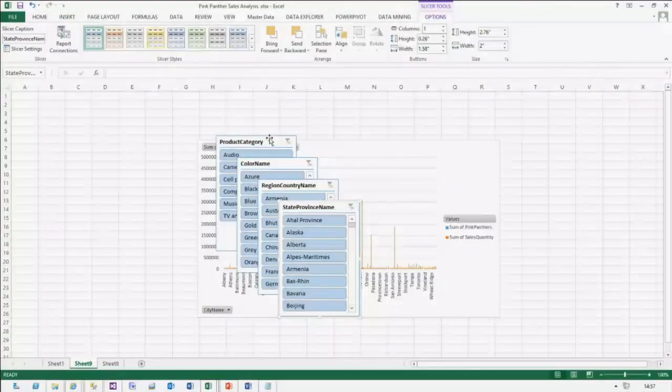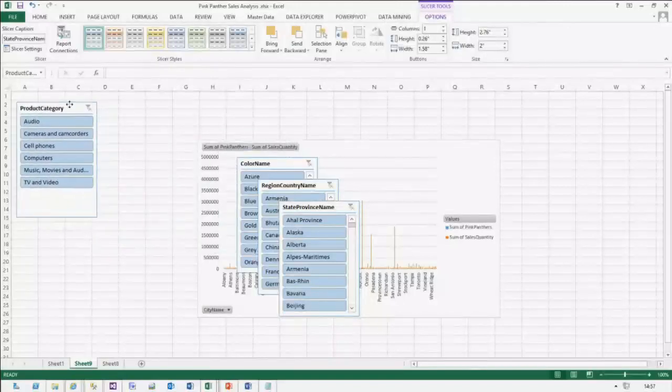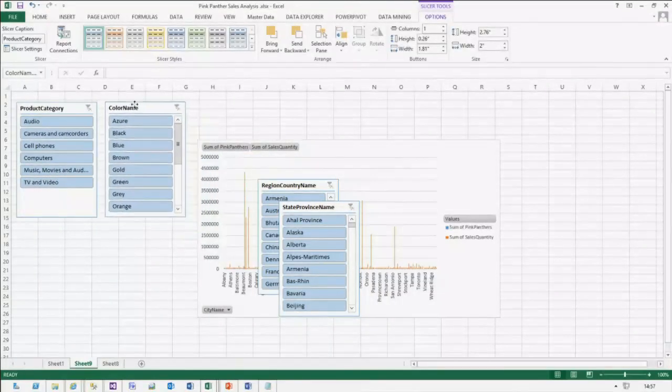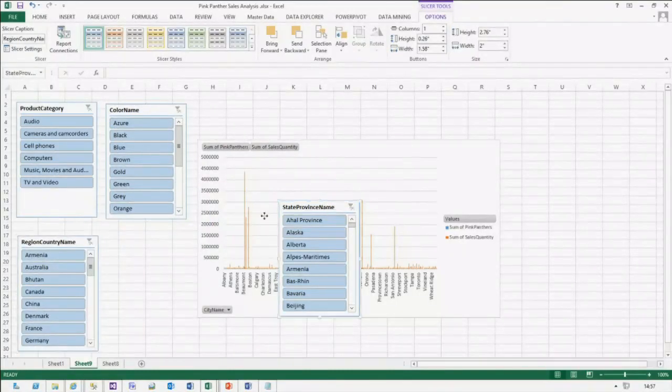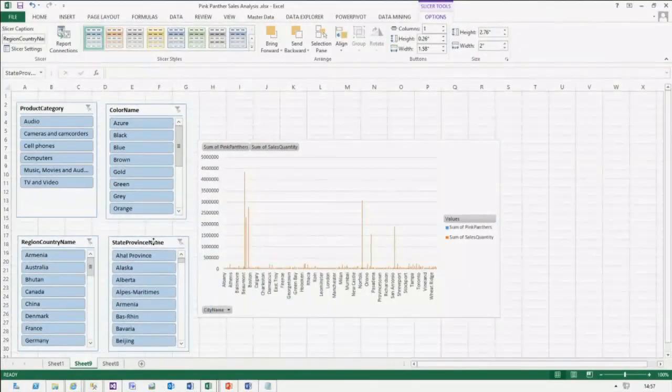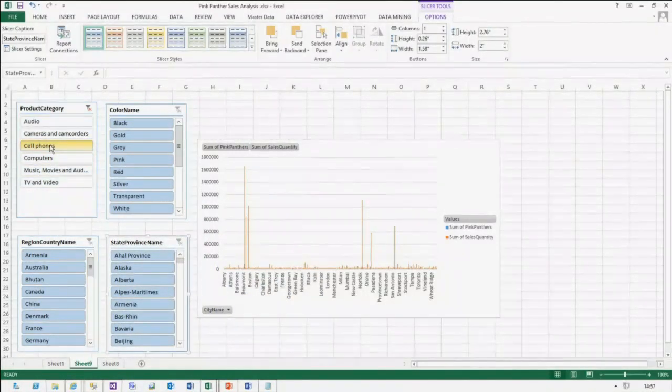And it brings up the four slicers. Let's smooth these slicers so that we can see. These are the various countries and states which are there. And now I'm just looking at the data called cell phones here.